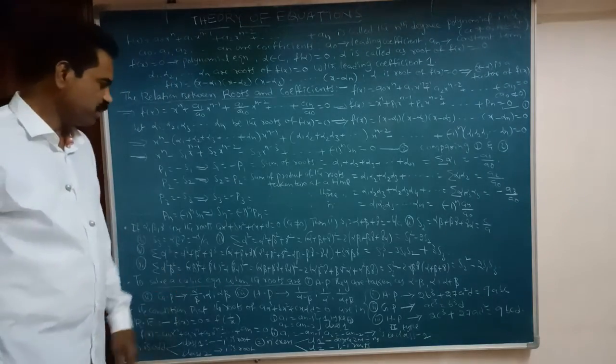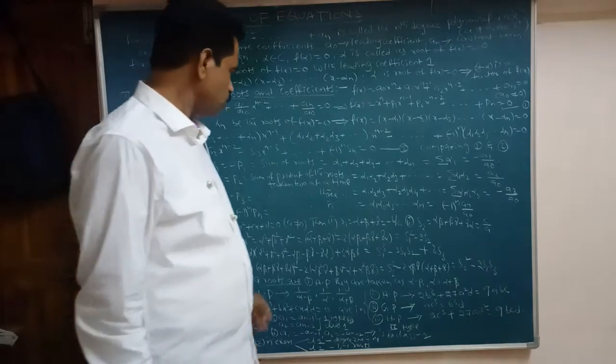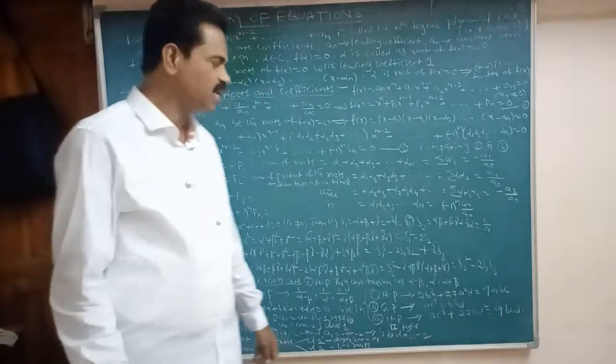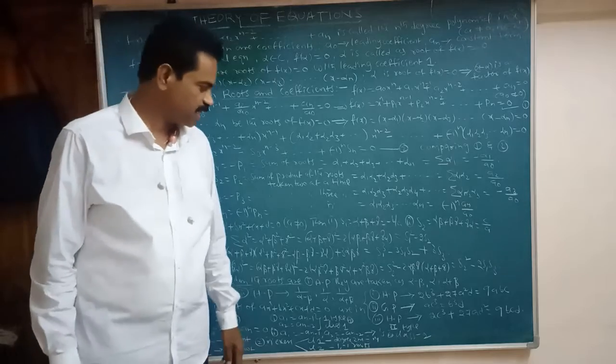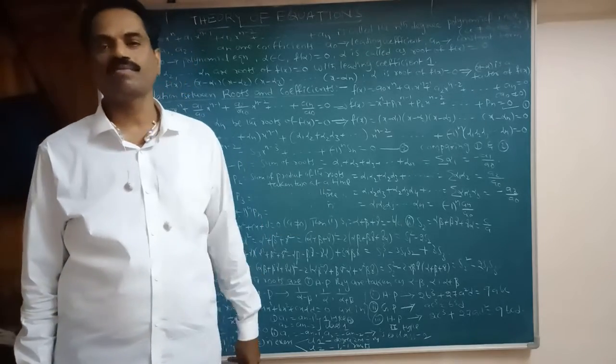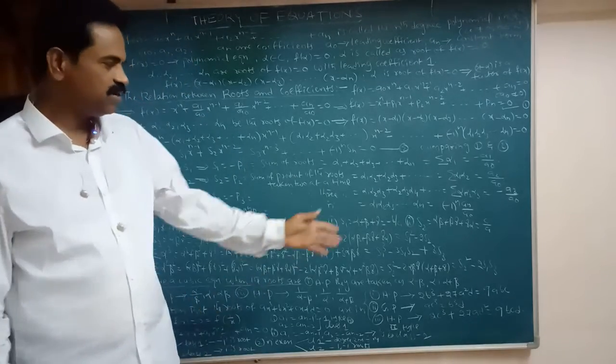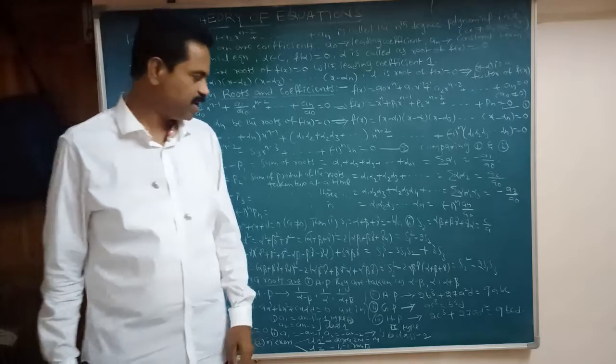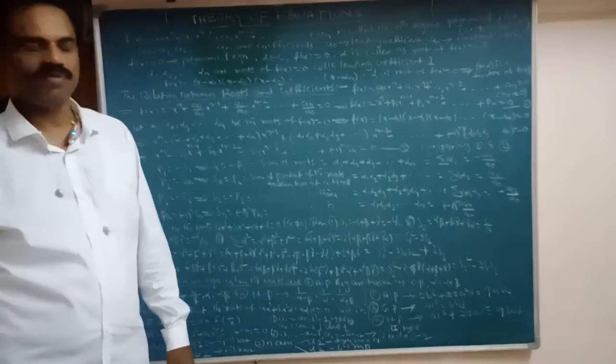To solve a cubic equation when the roots are in AP, the roots can be taken as alpha minus beta, alpha, alpha plus beta. In GP, we take alpha by beta, alpha, alpha beta.